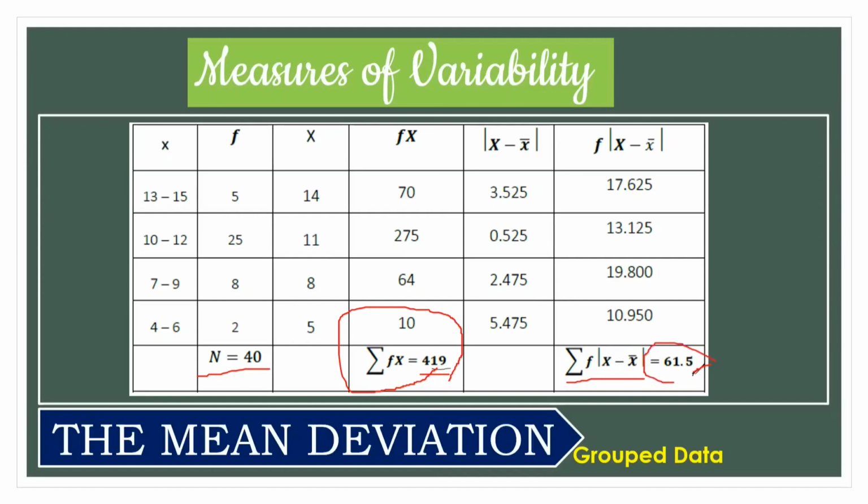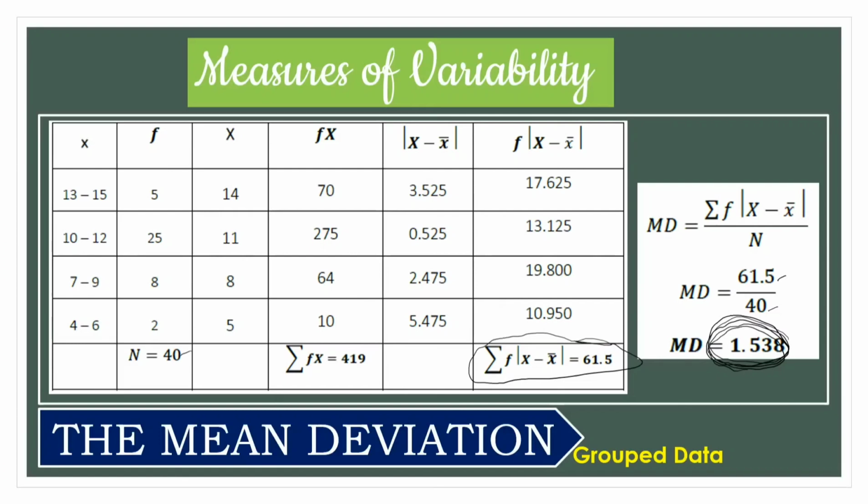We can substitute all of this into our formula. Our formula is this, and we have already obtained the value of this, and it is 61.5. So our numerator is 61.5, and then the value of n is 40.